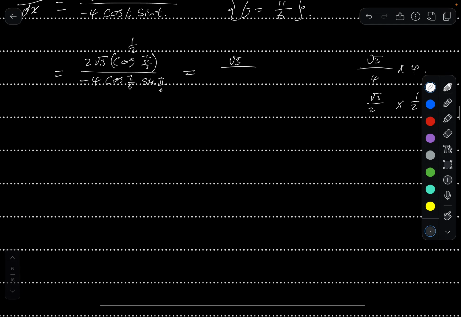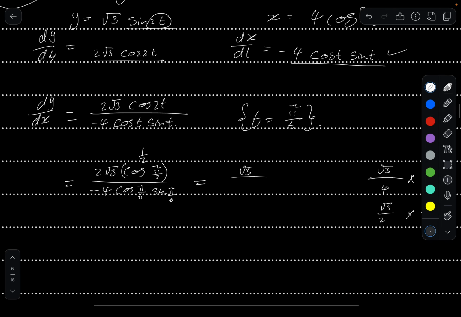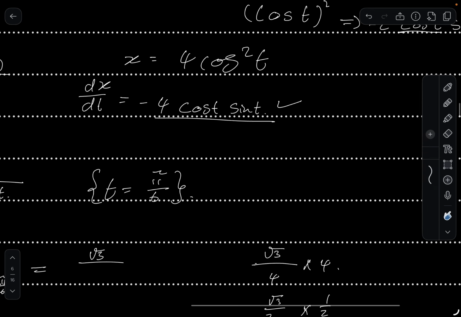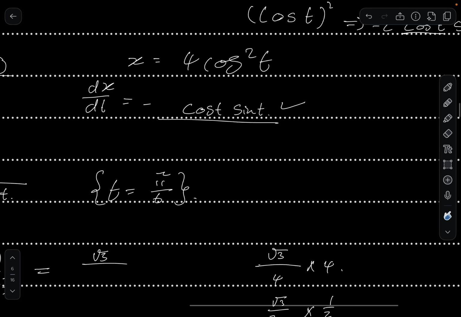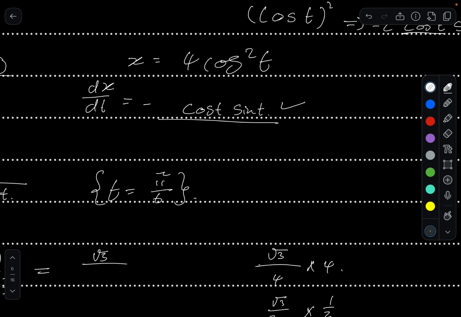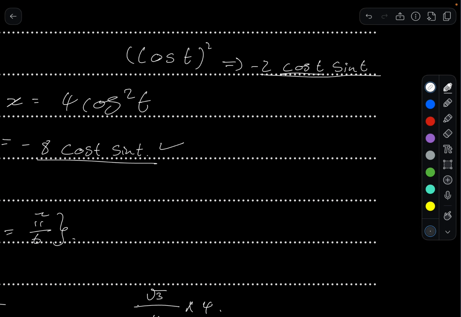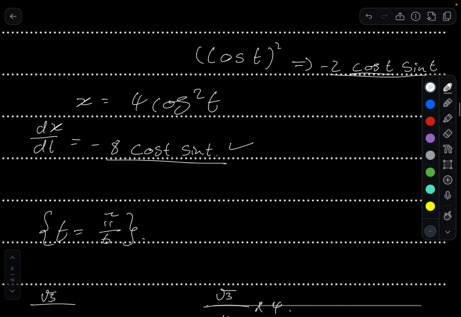Which is negative. Oh, I forgot one thing here. That's why it's not giving me the right answer. This part will become 8 because I'm going to multiply this 2 to the front. I just forgot when I put it there that I need to multiply by that 4 as well.